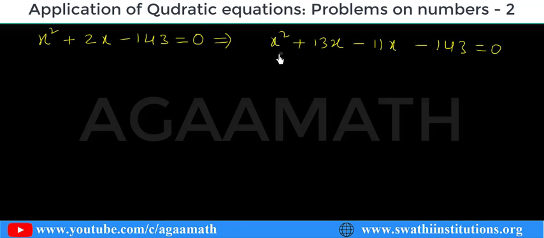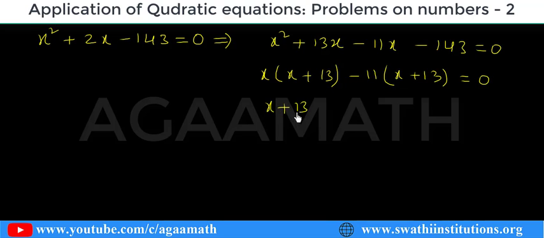From the first two terms I take x common, so that x plus 13, and from the next two terms if I take minus 11 common, I also get x plus 13 equals 0. So x plus 13 is common, and we get x minus 11 equals 0, right?